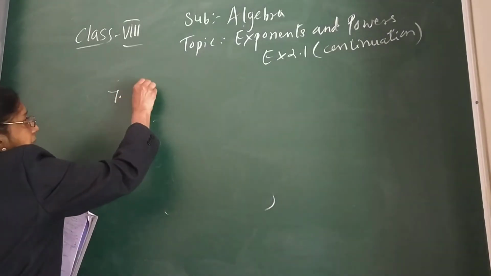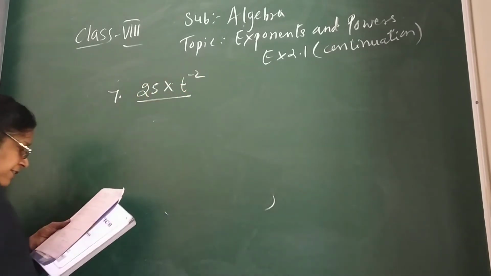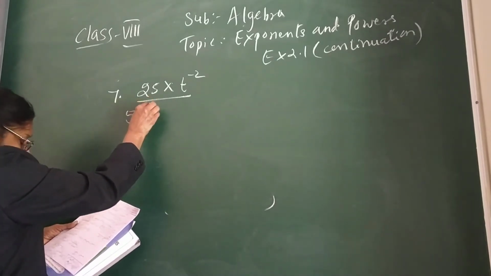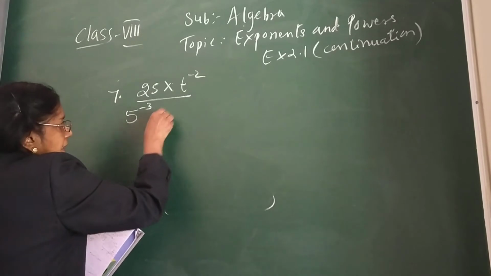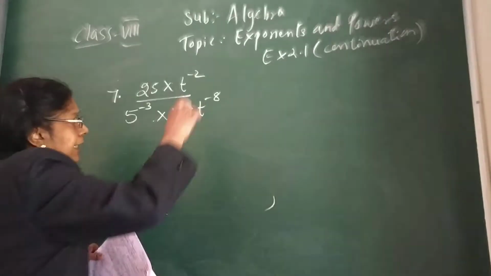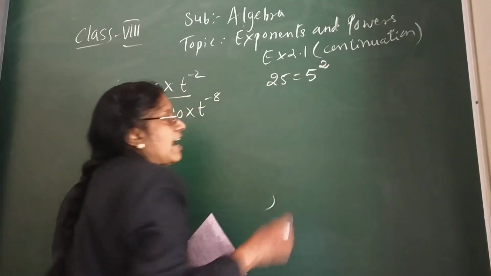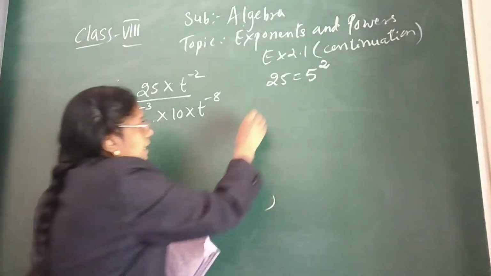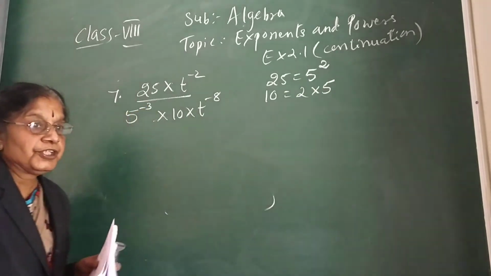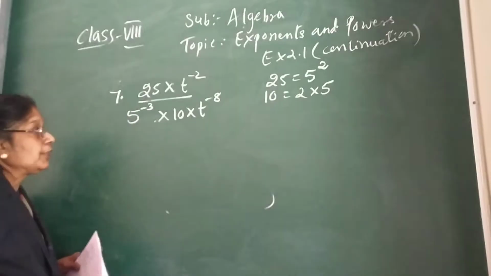What is given in the seventh one? 25 into t to the power of minus 2 divided by 5 to the power of minus 3 into 10 into t to the power of minus 8. 25 we know, I shall write 25 as 5 square. 10 I will split up and write as 2 into 5.